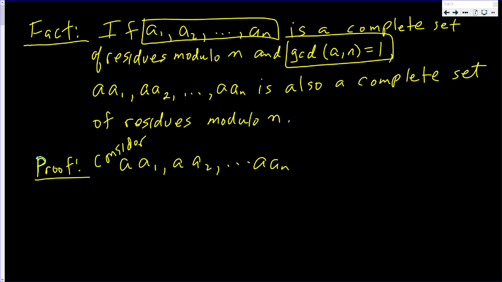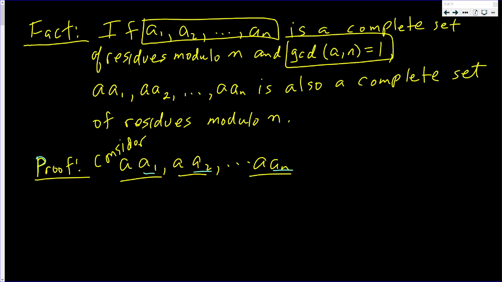Okay. Now, these are clearly different values. So, yeah, they're n numbers. What I want to show is that, well, yeah, they are different values, because if a1, a2 up to an are different, well, then multiplying it by a non-zero number a will do the same.